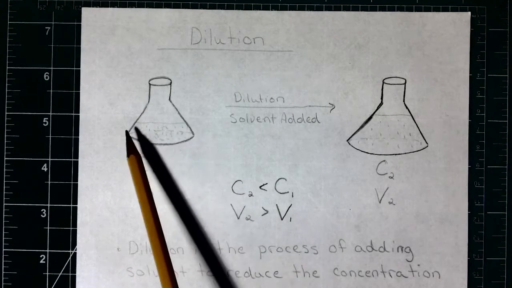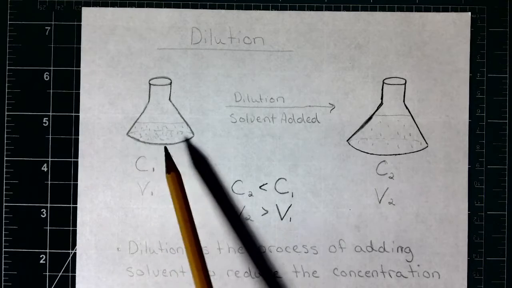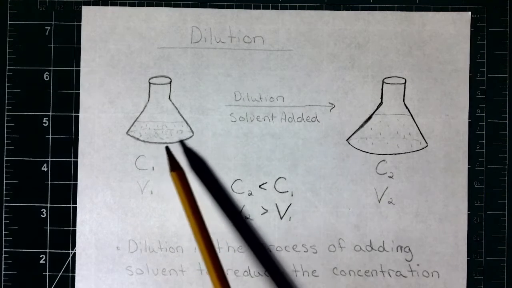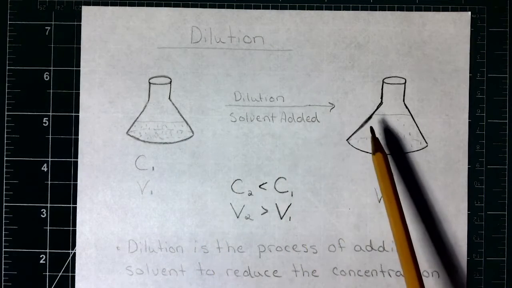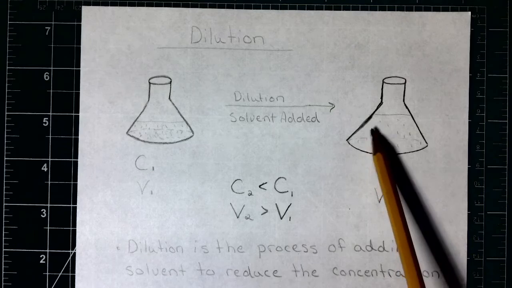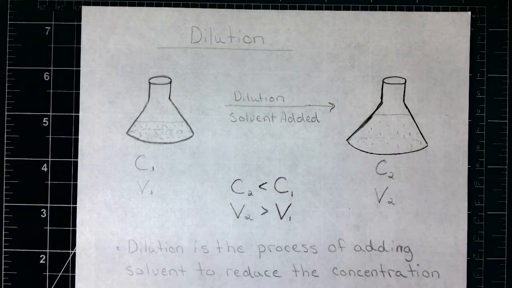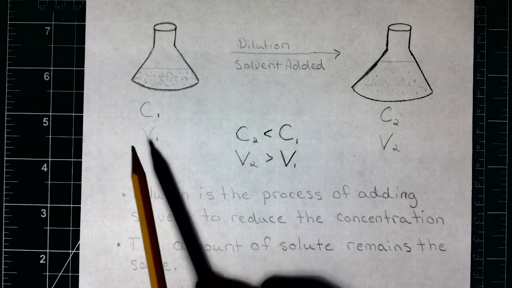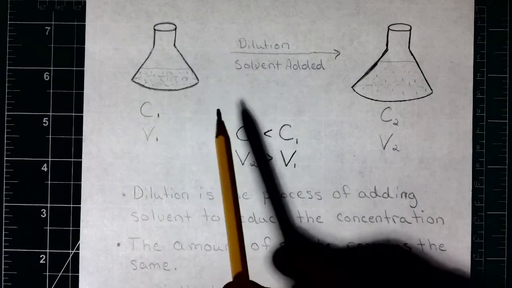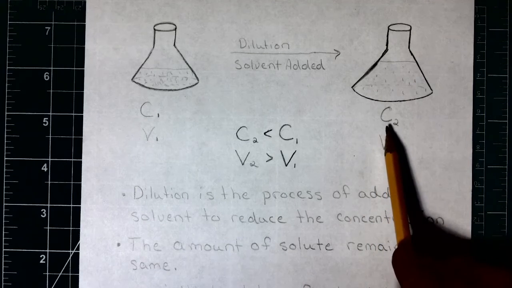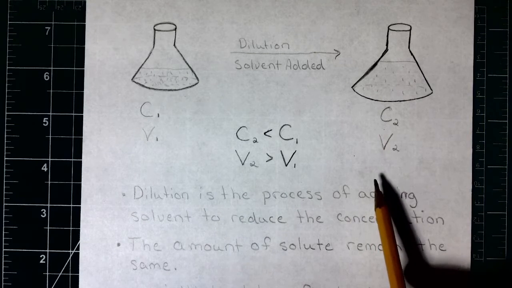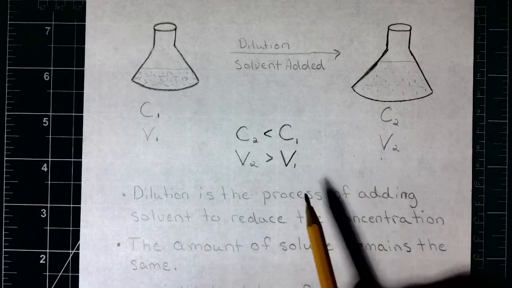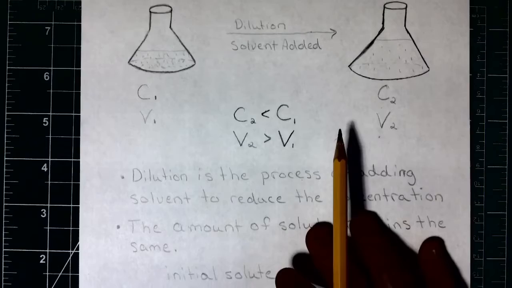So we'll prepare a more concentrated solution, and then we dilute it down by adding more solvent. We take a portion of this out, and then we dilute it with more solvent to produce a less concentrated solution. So in these problems, we start off with the initial concentration and the volume that we dole out of it. And then we have the final concentration that we want to get and the volume that we wind up with after we add more solvent.